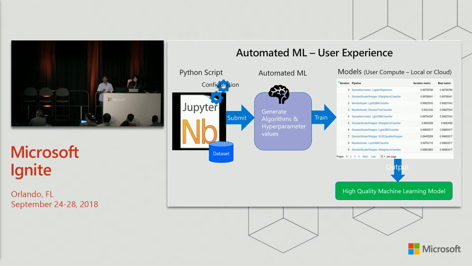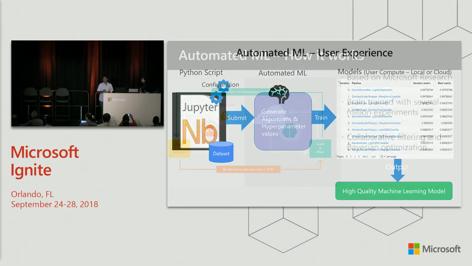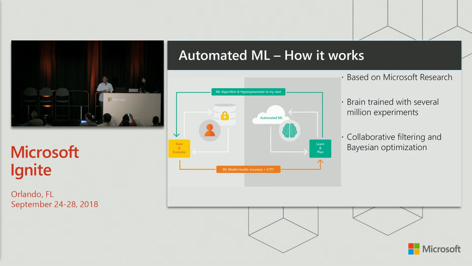Now, how does automated ML generate these algorithms and hyperparameters? Some of our competitors actually use just brute force. On the other hand, we use our own machine learning model that was trained on millions of experiments and use collaborative filtering and matrix factorization to intelligently recommend what the next pipeline is going to be.